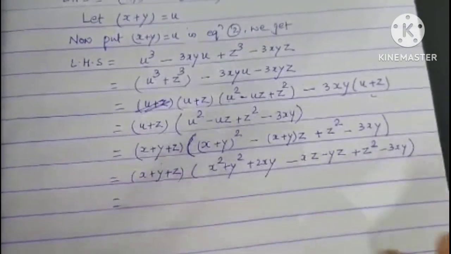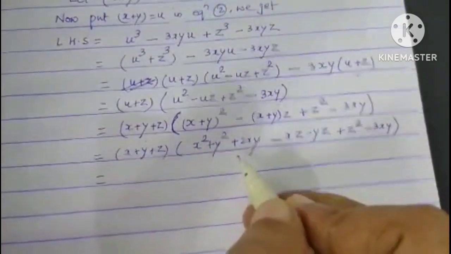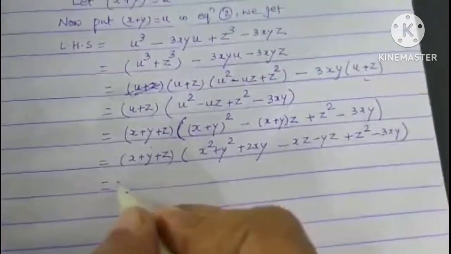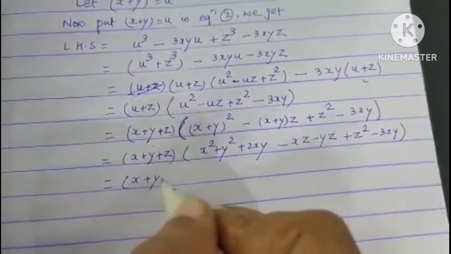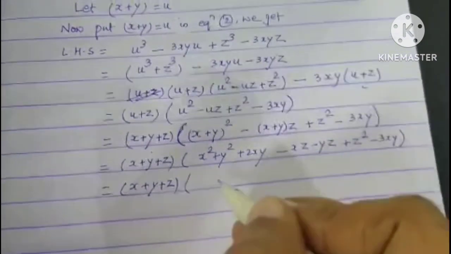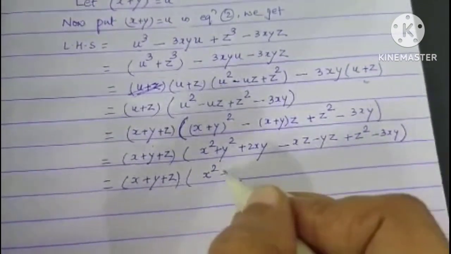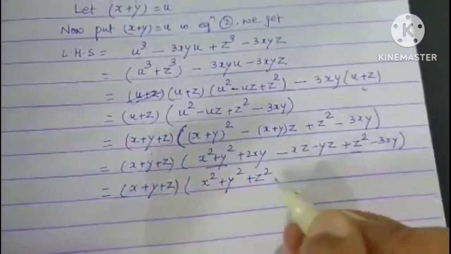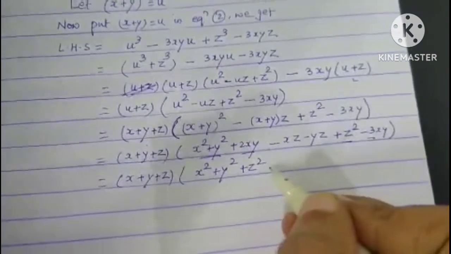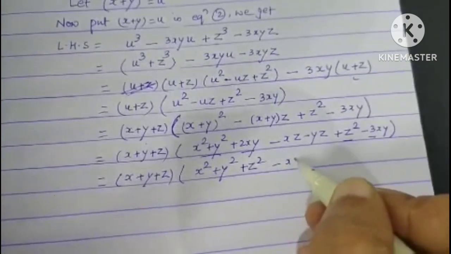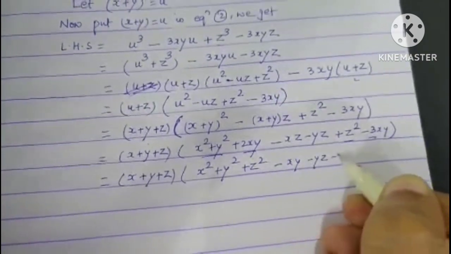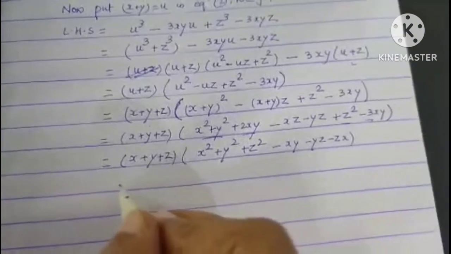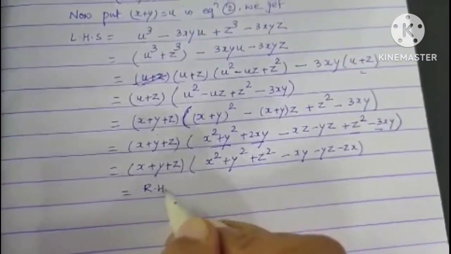Now it looks like we are going to reach the required formula. So x plus y plus z, and here we will have x square plus y square plus z square. Let us rearrange this one: plus 2xy minus 3xy gives minus xy, so minus xy minus yz minus zx, and this is what is RHS.